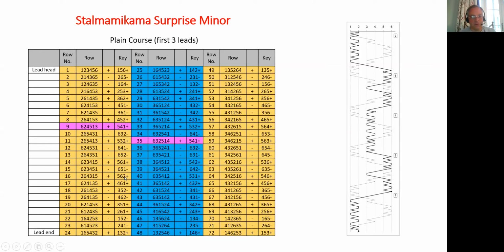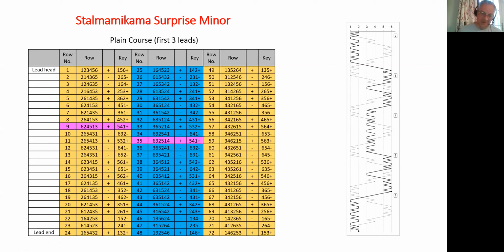The important thing to notice is that they were all plus. So at no point have we managed to ring any rows with the treble in fifths that were negative. So there's just no way that we can actually get to them in this particular method.